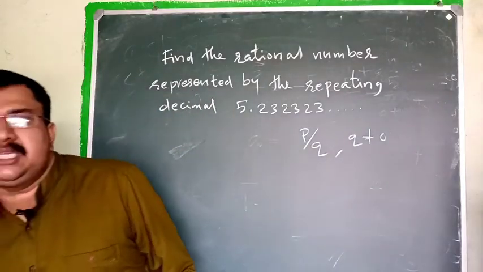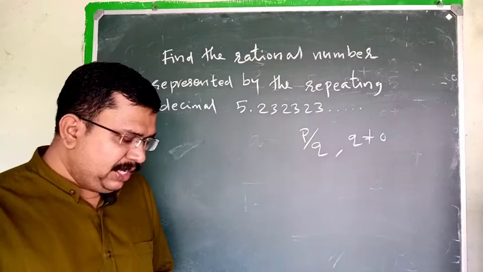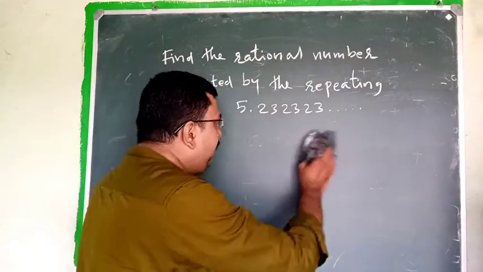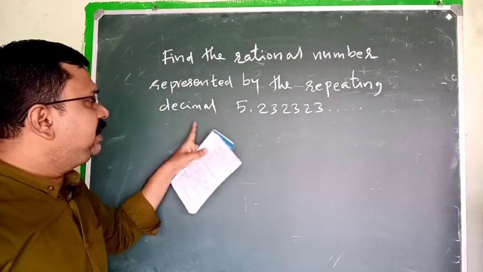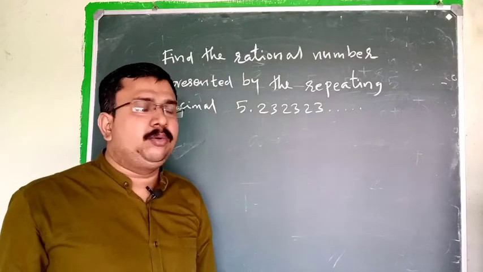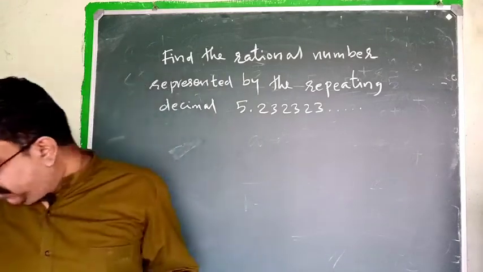Here our question is to find the rational number represented by the repeating decimal 5.2323 etc. How to find out?